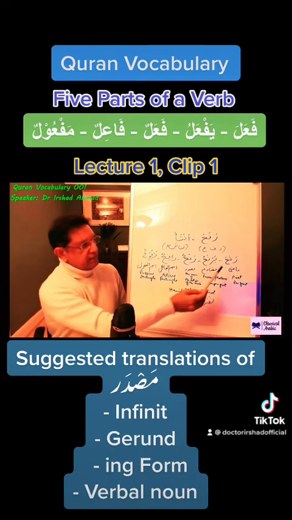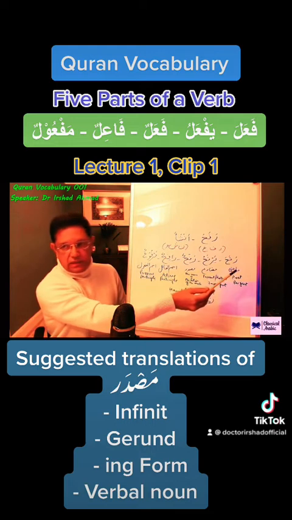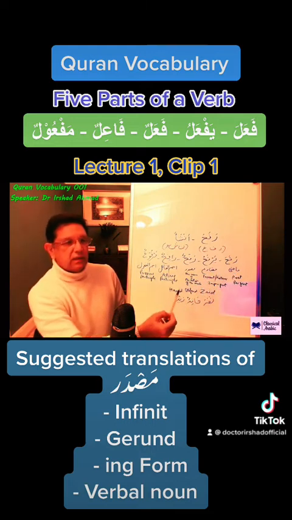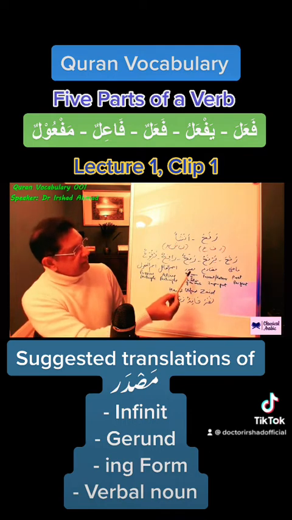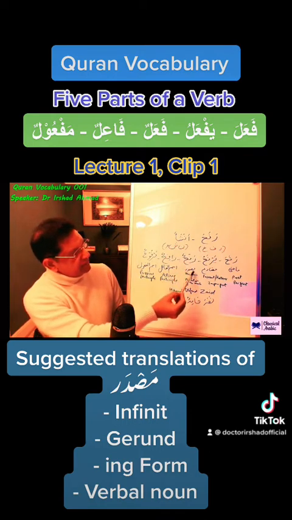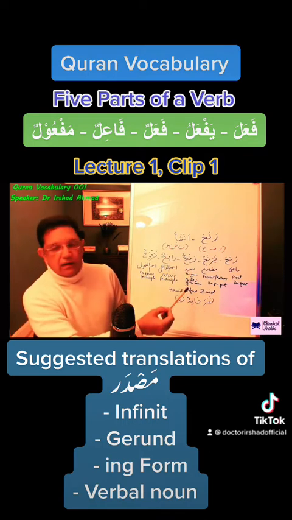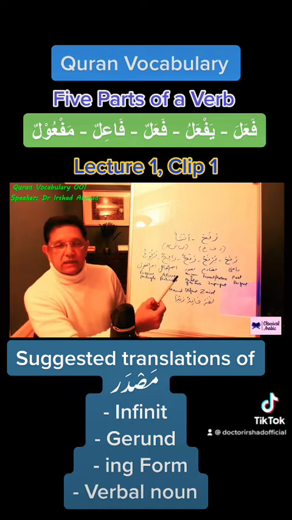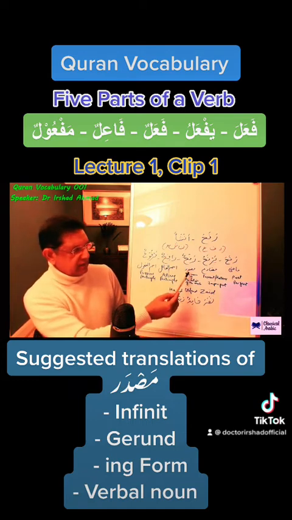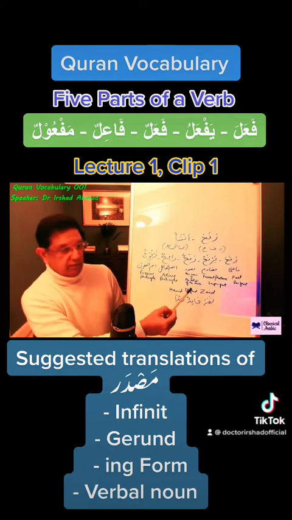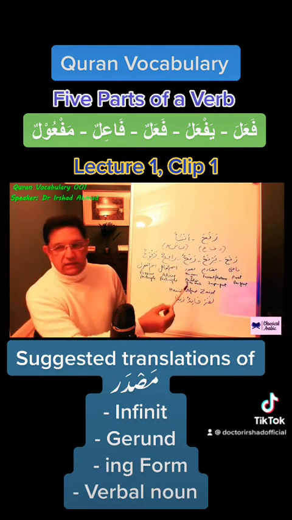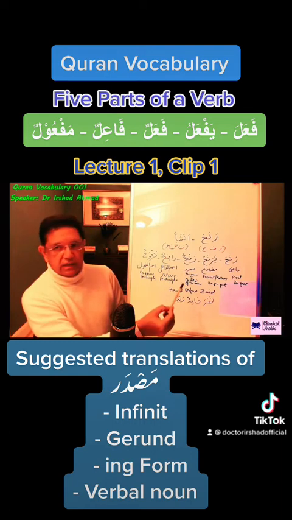This basically literally means he raised, but this may also be taken, for teaching and learning purposes, as to raise. Some people translate masdar, which is raf'un here, as infinitive, but this is not really the infinitive. We know this is the name of the action of the verb. This is also translated as gerund form, ing form, or verbal noun, but really masdar is masdar.